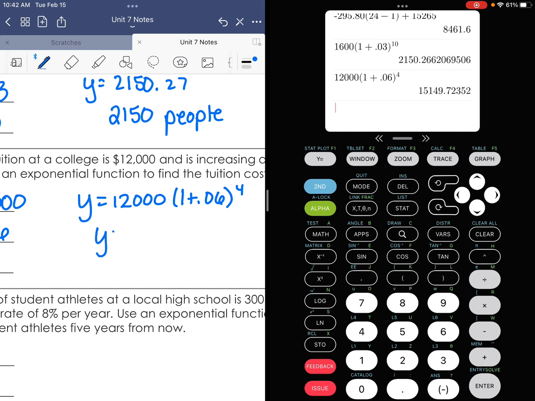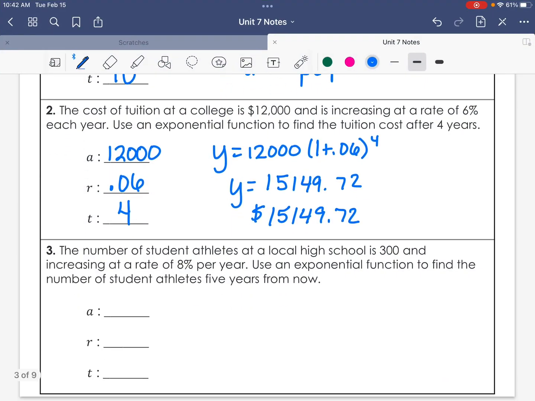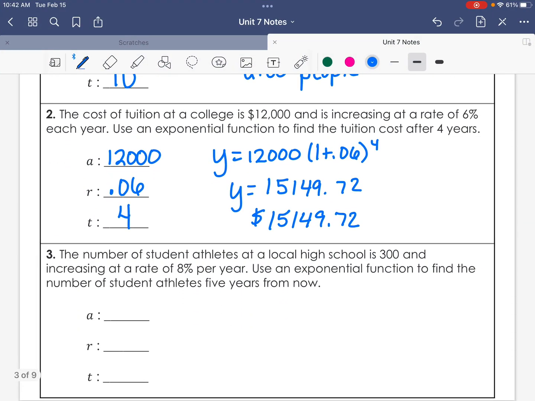And so this is going to equal 15,149.72, because that 3 will not round that 2 up. Now, since we're talking about money, we're going to keep both those decimals because we can have 72 cents. So we would have $15,149.72.